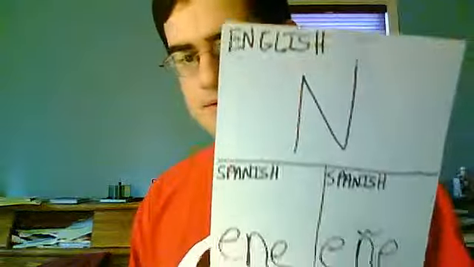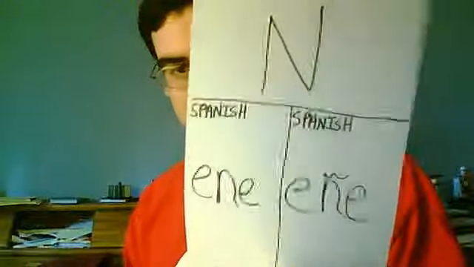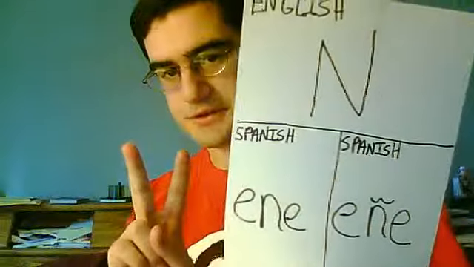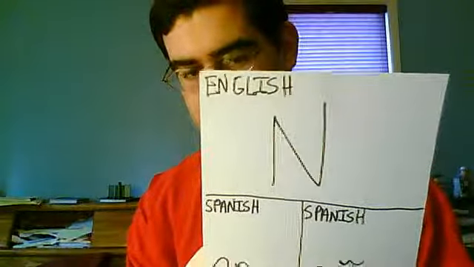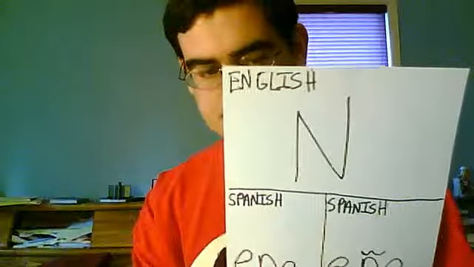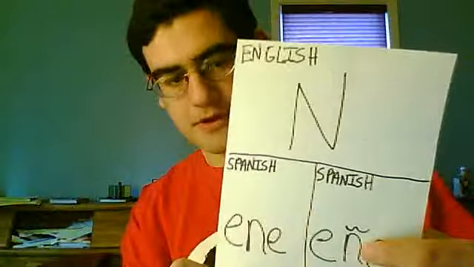N. Just like the other letters I told you, this has two ways of saying it. You have "ene," and you also have "enye." The difference is, it's like you have an invisible Y in between here.